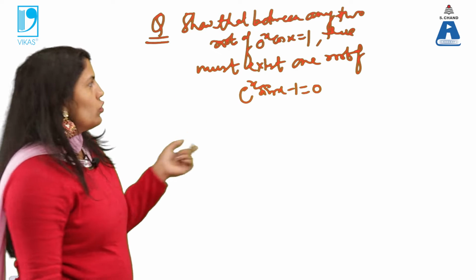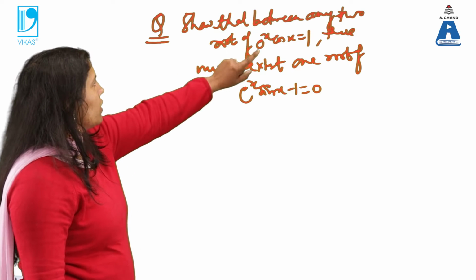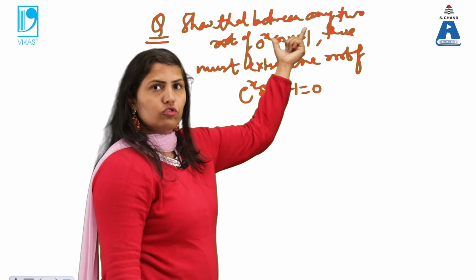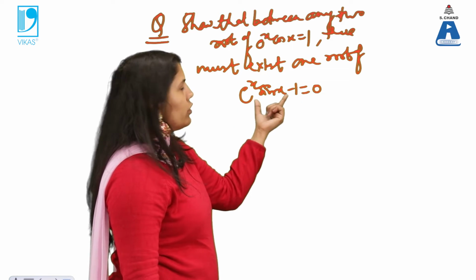This problem is of Rolle's theorem. Why? Because between two roots of this function, there must exist one root of this.